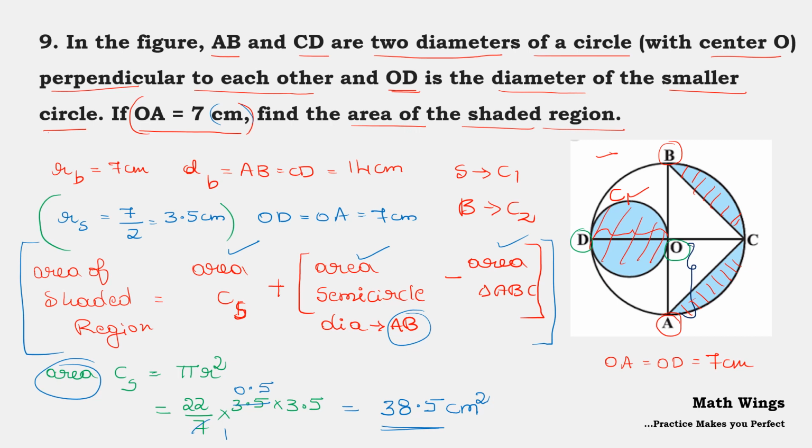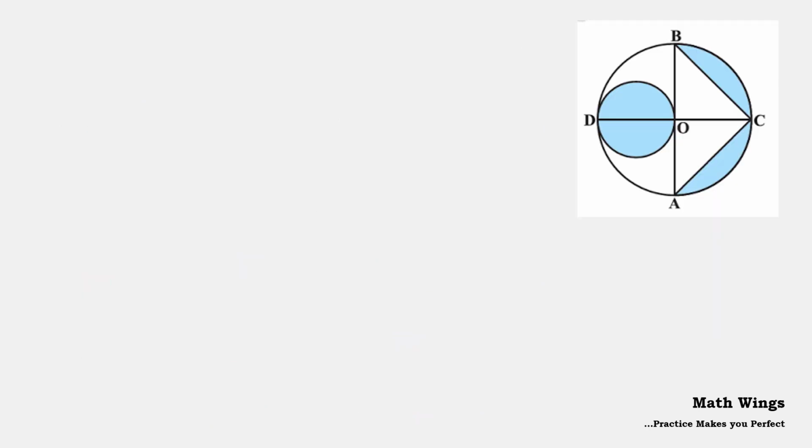So now let us find out the area of the semicircle with diameter AB. So area of semicircle with the diameter AB, that is equal to, what's the area of the semicircle? It is half the area of the whole circle, correct? And for this one, what is the R value?